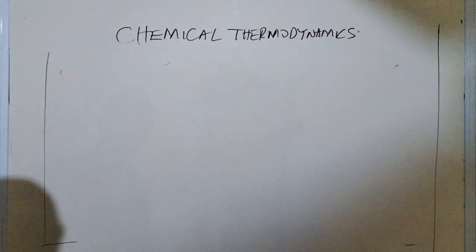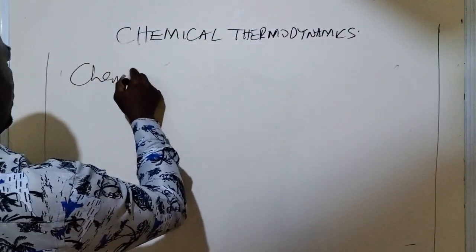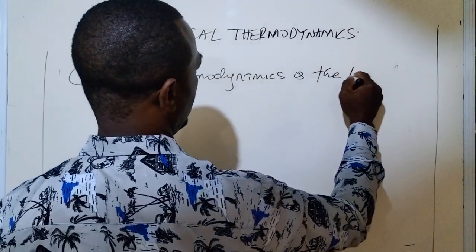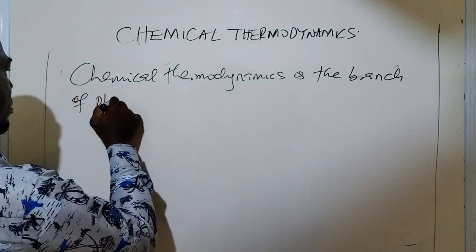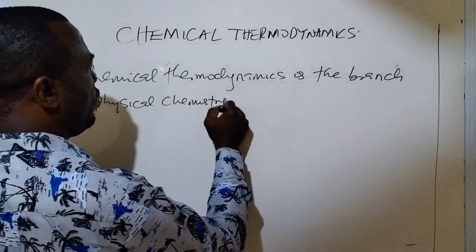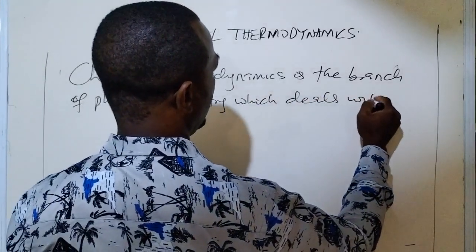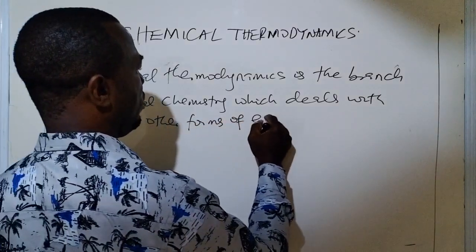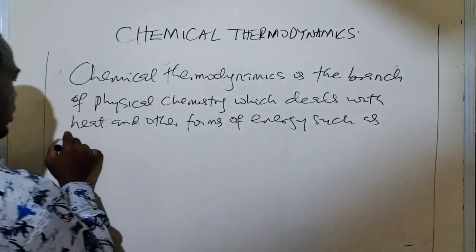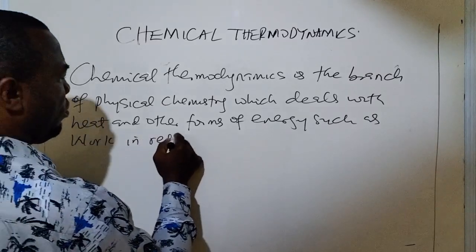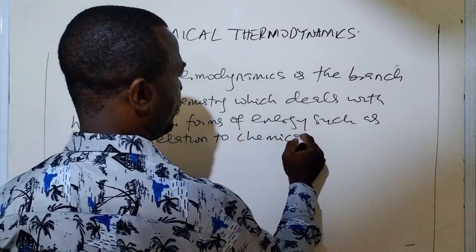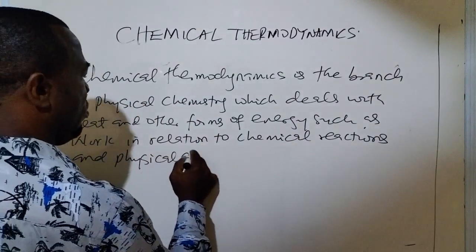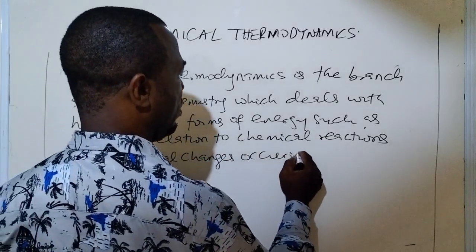So today we're going to start by defining chemical thermodynamics. What is chemical thermodynamics? Chemical thermodynamics, by definition, is the branch of physical chemistry which deals with heat and other forms of energy such as work, in relation to chemical reactions and physical changes occurring in a system.